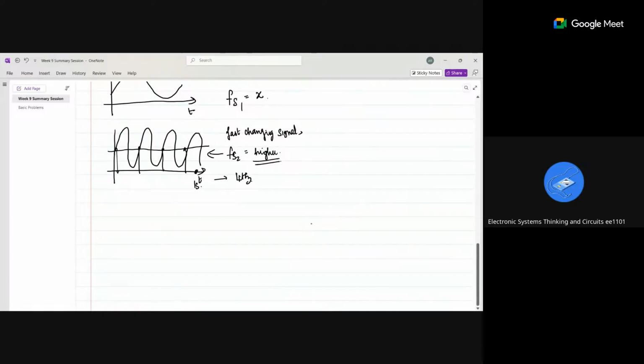The next one is amplitude quantization. Do you guys have any doubt in time quantization? No, ma'am. Okay. So next we'll go to amplitude quantization.